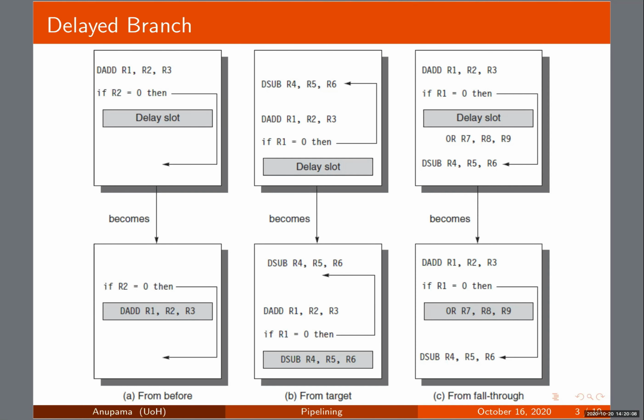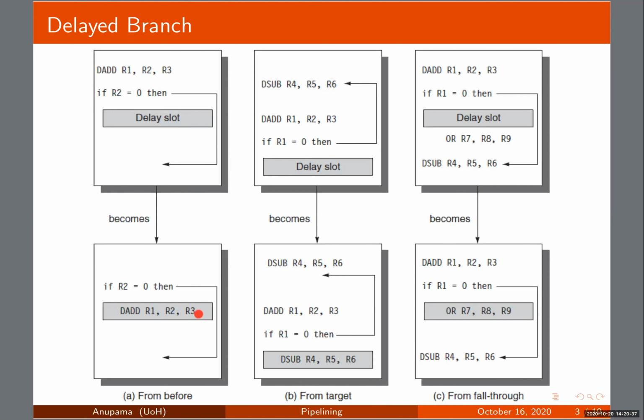So there are three possibilities. The first possibility is that an instruction which is there before the branch can be moved into the delay slot. Then you don't waste anything, because this has to be executed whether or not the branch is taken.